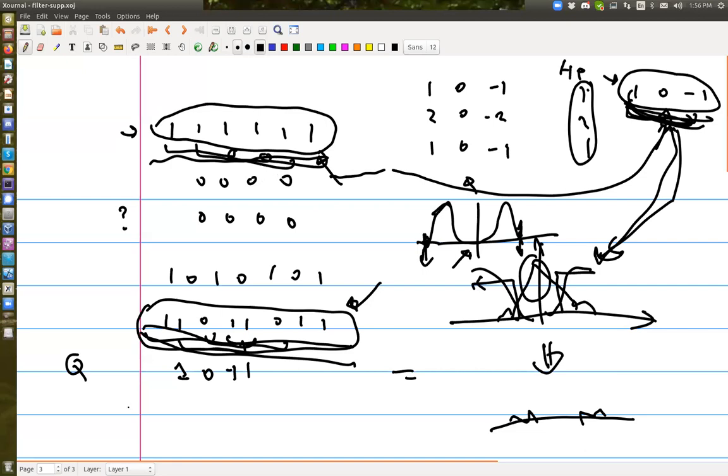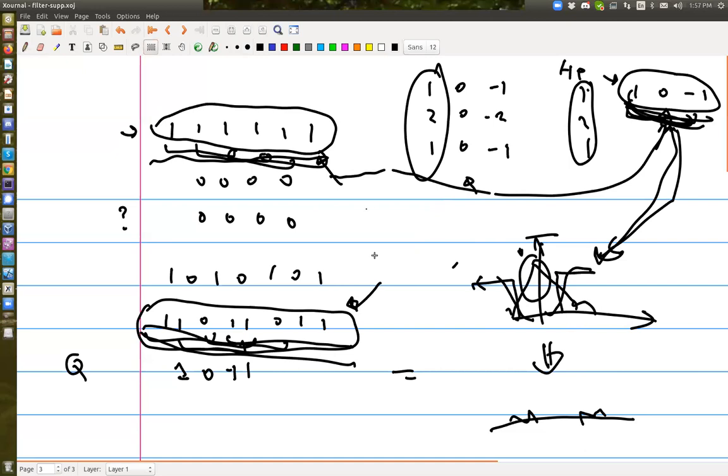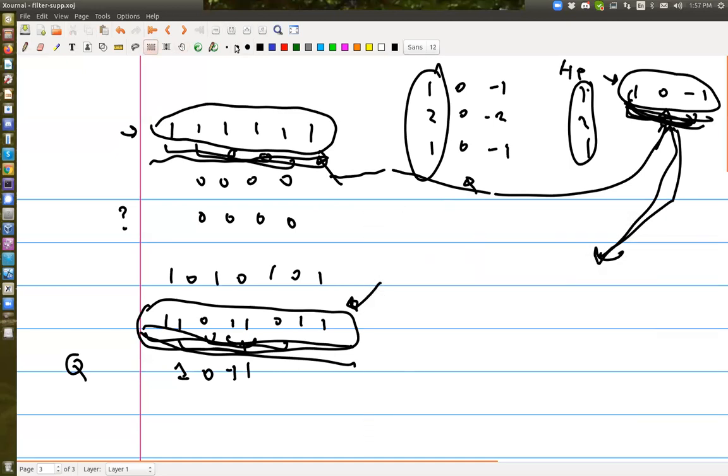Now let's look at this low pass kind of filter instead. Let's say I have a high frequency component; let's see what is a good example for that.